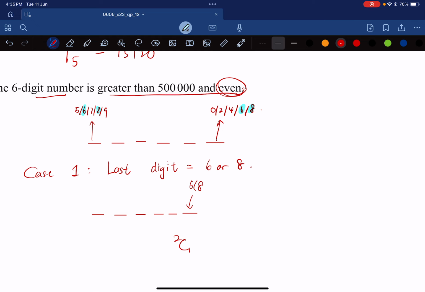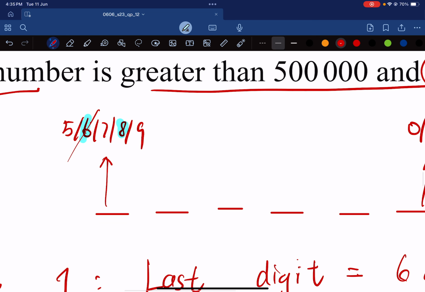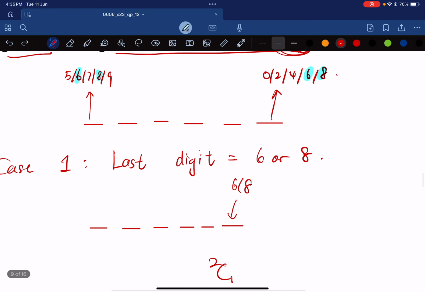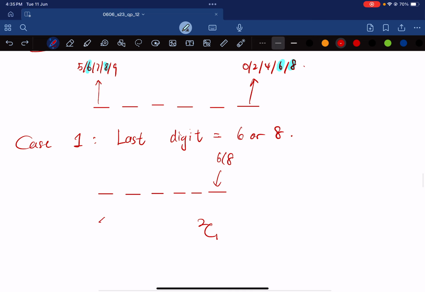After I choose 6 or 8, here I'm only left with 4 options. For example, if I choose 6, I'm left with 5, 7, 8, 9, these 4. Or if I choose 8, I'm left with 5, 6, 7, 9, these 4. So when you clash, your choices here will affect the choices here. So this is 4 choose 1.